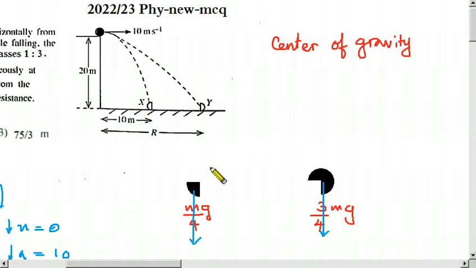So where would the center of gravity of this system be? Here, or somewhere. First of all, what you have to do, connect these two pieces using a massless stick or a rod, massless.